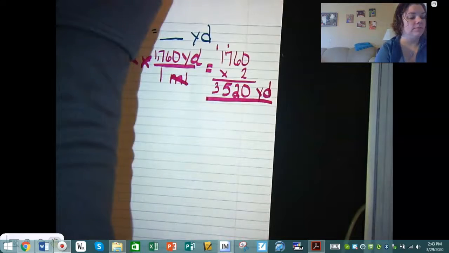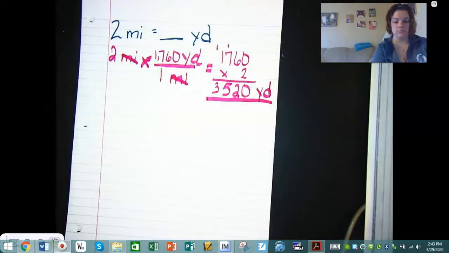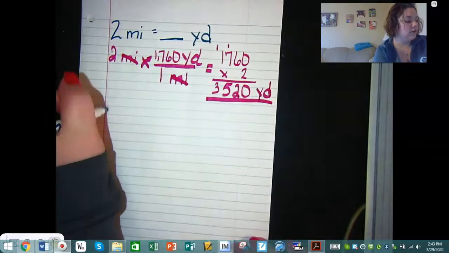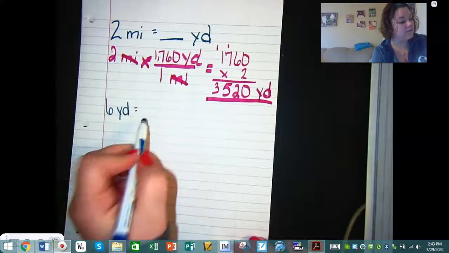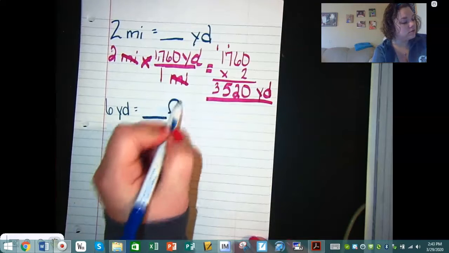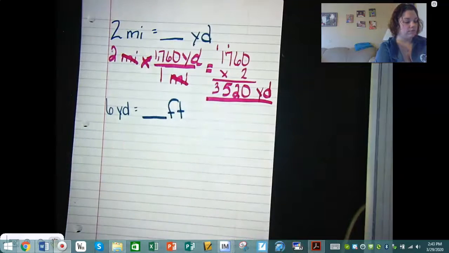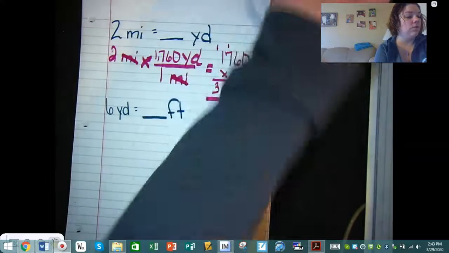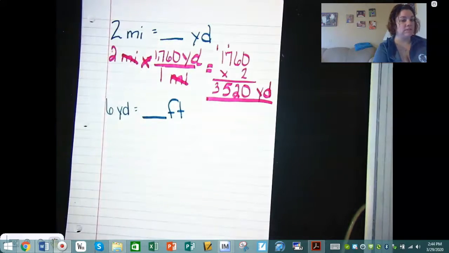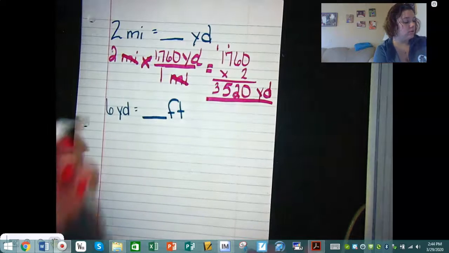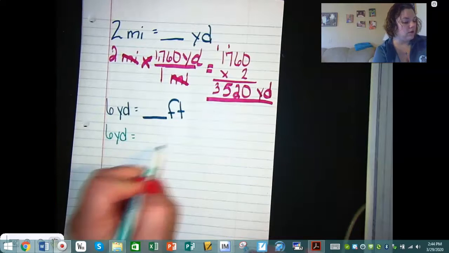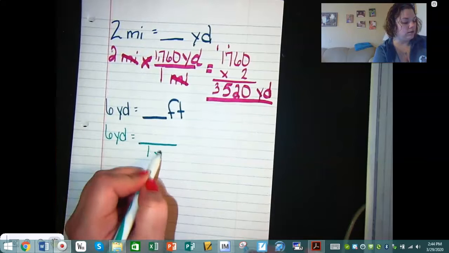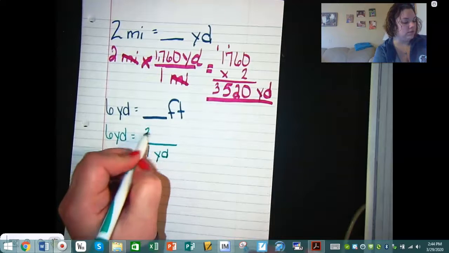We're going to do another one. We have 6 yards, and they want us to find how many feet. We're going to set it up the same way we did the miles. We have 6 yards, and we know that 1 yard has 3 feet.